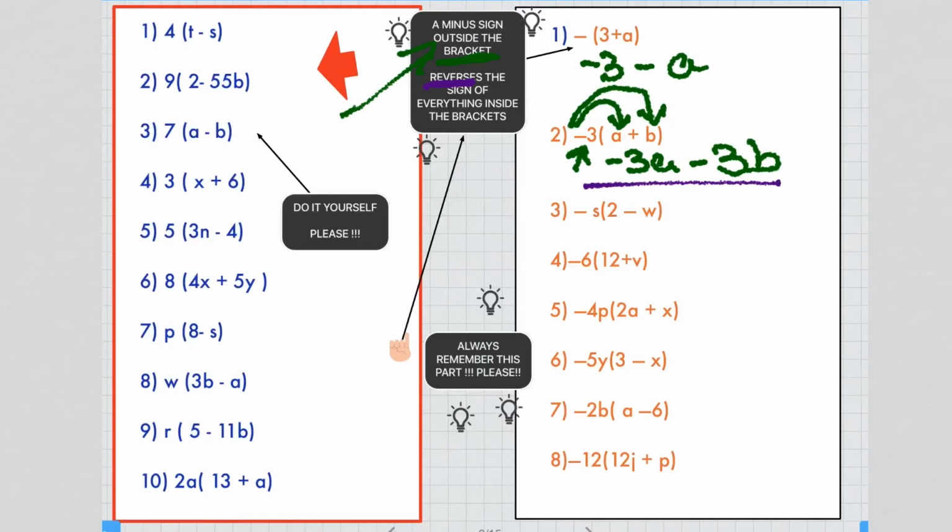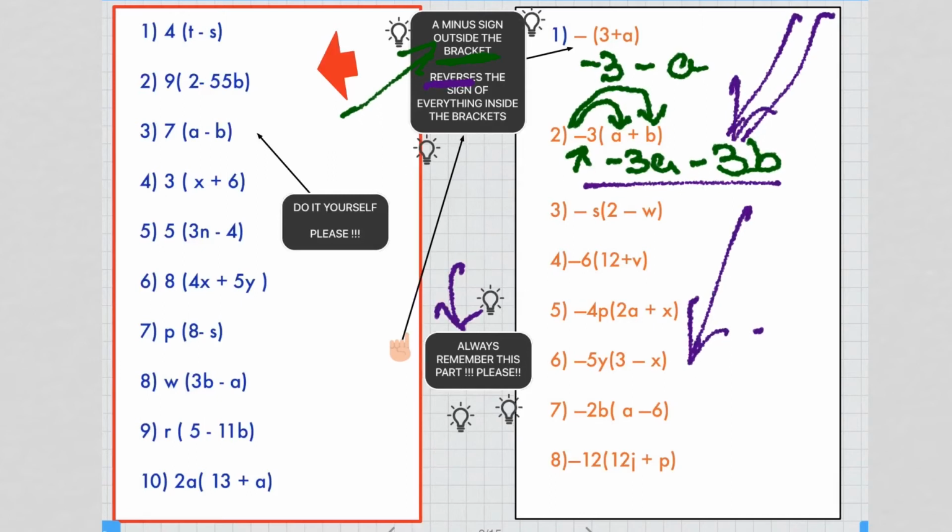So please do all of these questions yourself, please. And also always remember this part, that a negative sign or a minus sign outside the bracket will change the sign of everything inside the bracket.